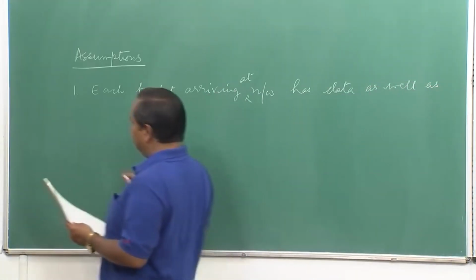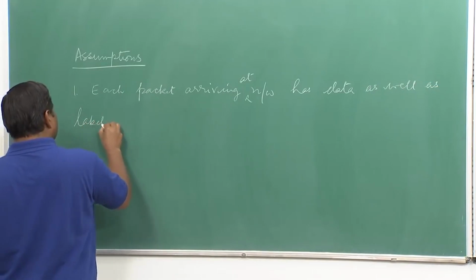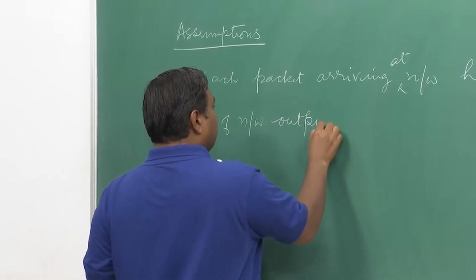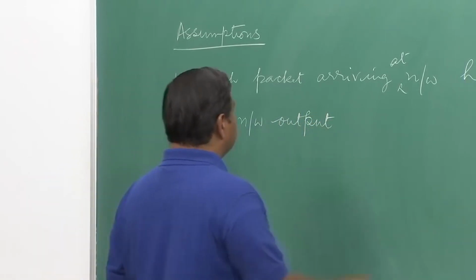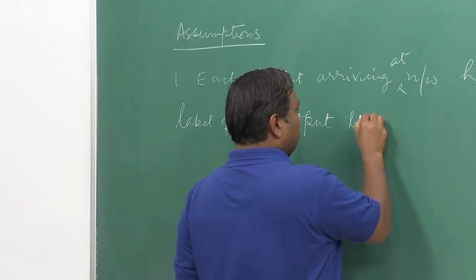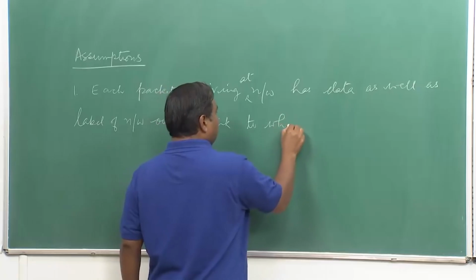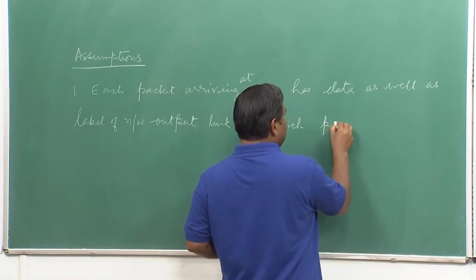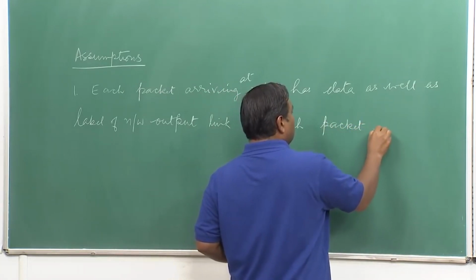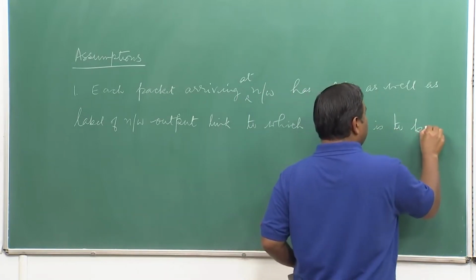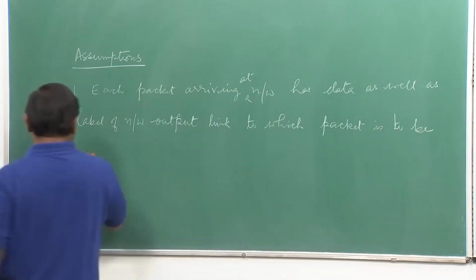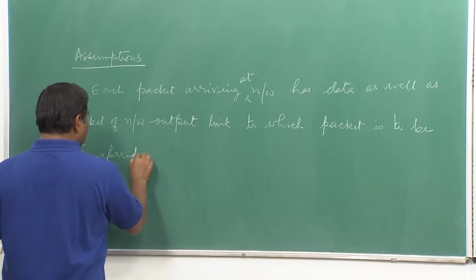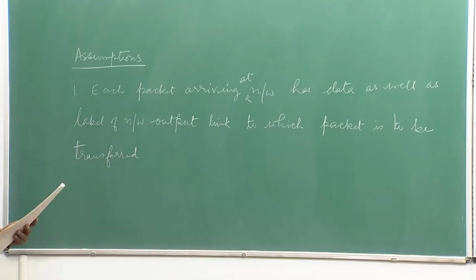So, we define this as a label of the network output to which the packet is to be transferred. Okay, so that is the first assumption.